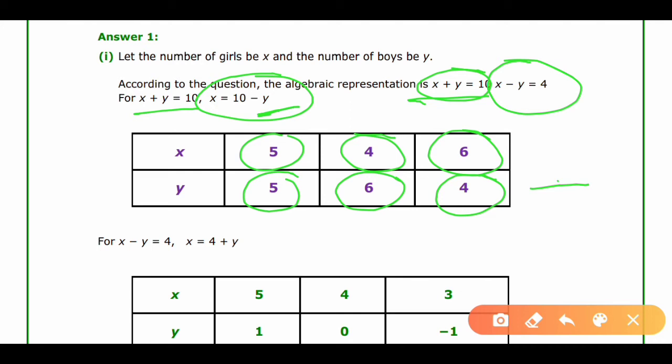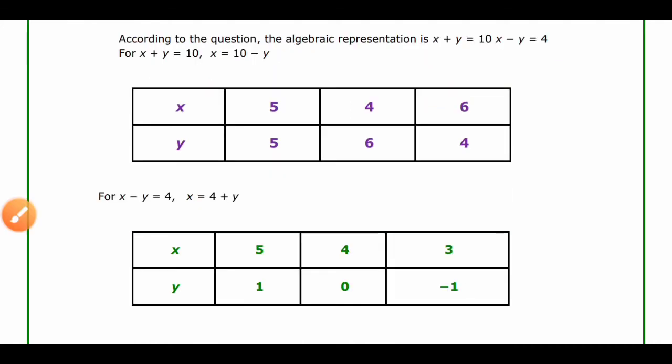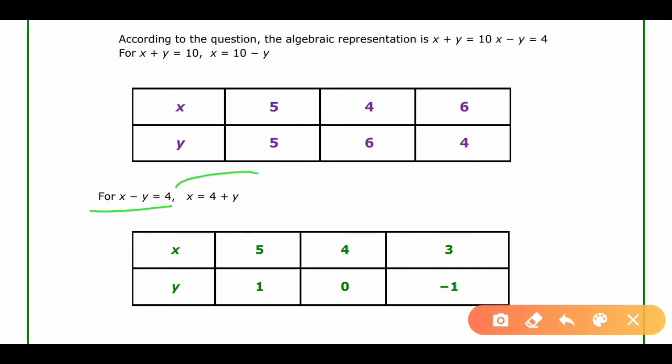Clear? From the second equation, X minus Y equals 4, again we can find the value of X: X equals 4 plus Y. Now again we'll replace some random values of Y. First Y equals 1, then we get X equals 5.